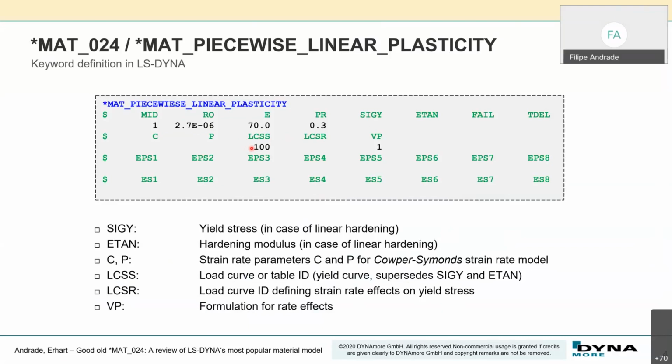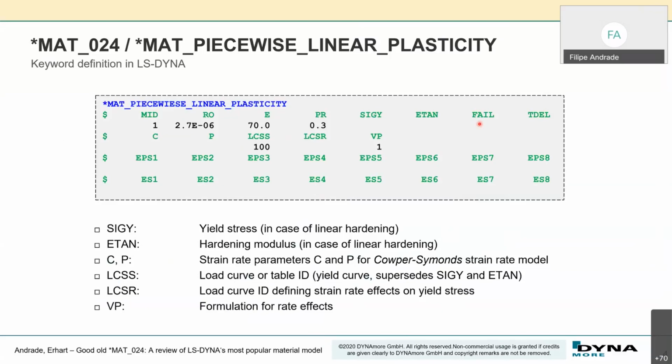We have some other flags here, like the fail flag, which gives me a failure strain. That's the equivalent plastic strain at failure. Many users use this for general failure description. It's something that I do not really recommend, because this failure strain is the same for all possible stress states.